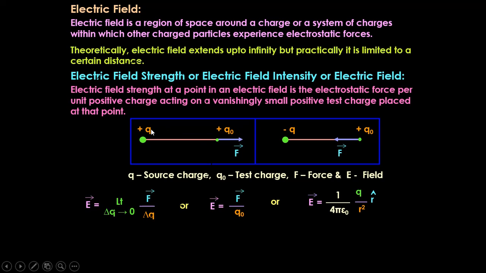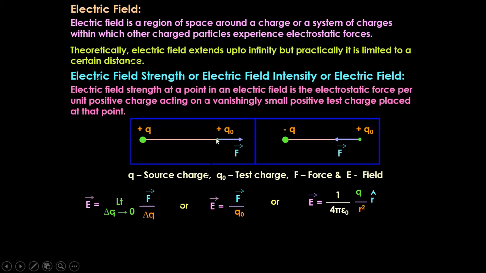If Q1 is taken as Q and Q2 is taken as 1, the force F equals 1 upon 4 pi epsilon naught, Q multiplied by 1, divided by R square. Q multiplied by 1 is again Q. It is as good as the electrostatic force between two charges.